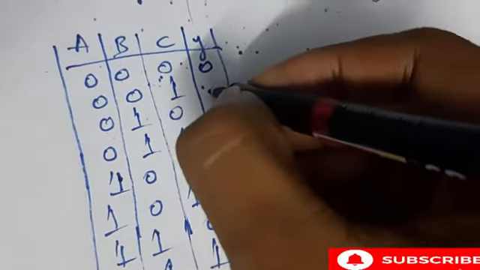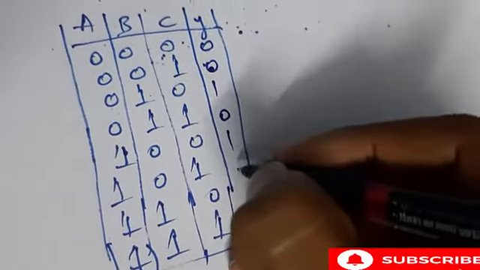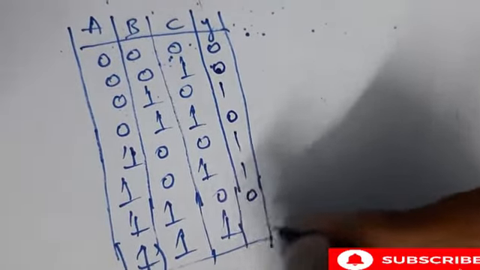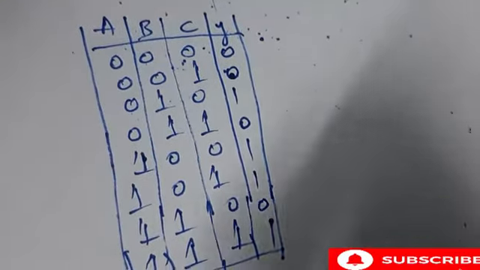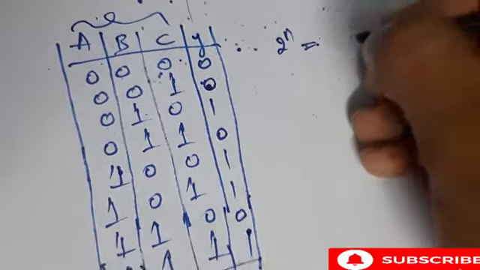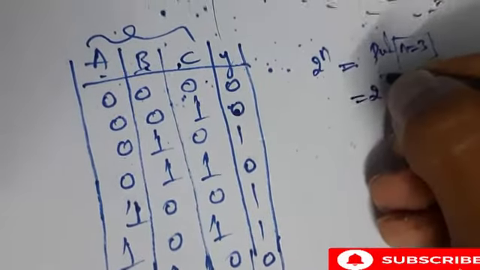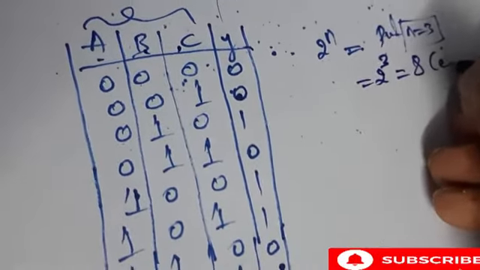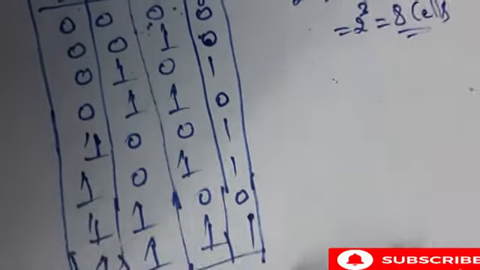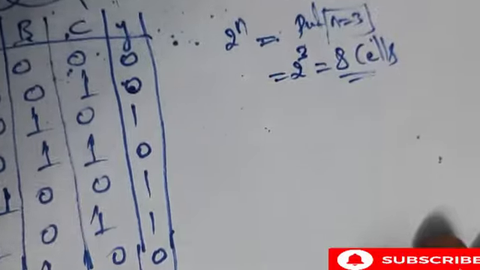I am taking random outputs 0 1 0 1 1 0 1. That means here you have 3 variables, so 2 power n with n equal to 3, that means 3 inputs. You will get 2 cube, that means 8 cells. So you can use the 3 variable K map, right?